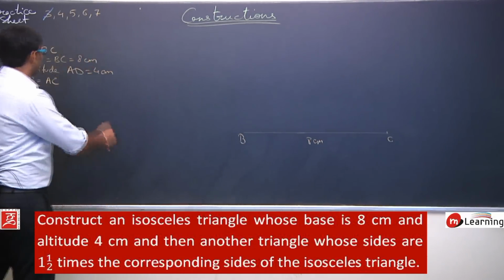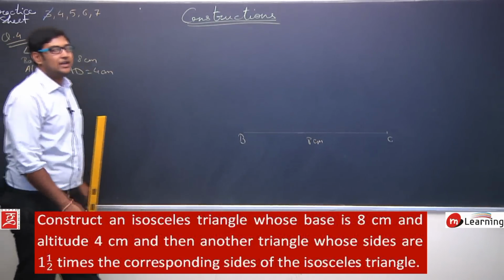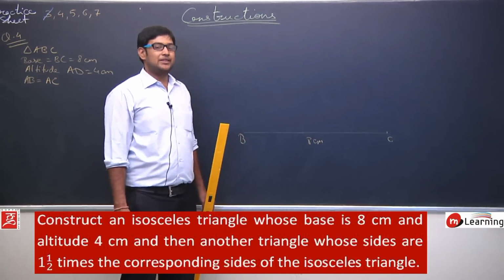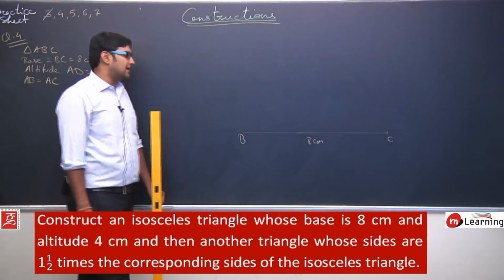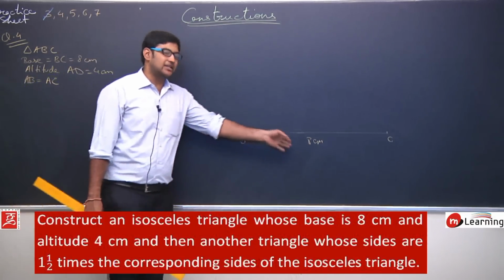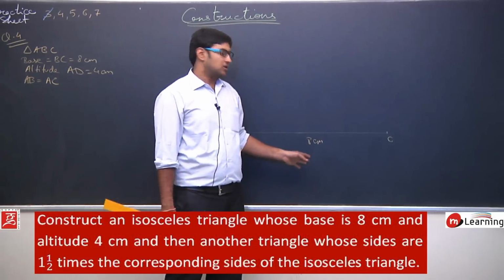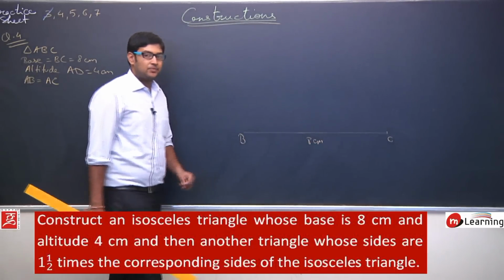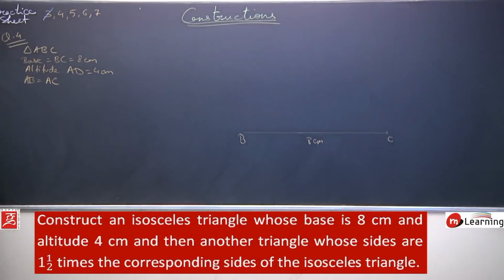Now how to construct an isosceles triangle? What is the method? The method is to draw the perpendicular bisector of this base BC of the triangle ABC. How to draw a perpendicular bisector?